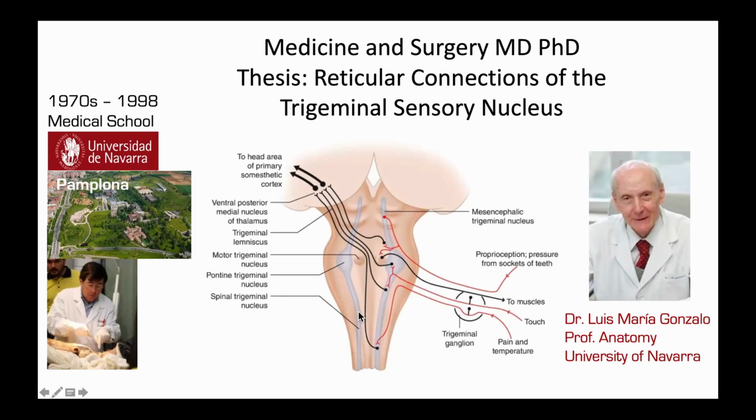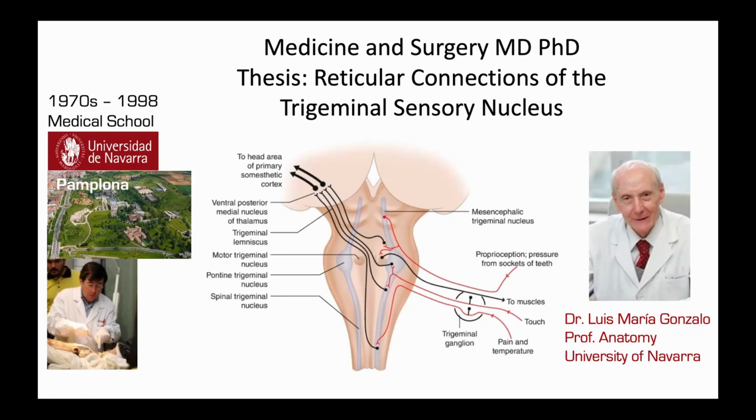The sensory nucleus is all these, but this is the main one, and that's what Ricardo studied for his PhD, directed by Don Luis Maria Gonzalo, who passed away, but he was a great wise man in Pamplona at the University of Navarra. And he studied the connections between the sensory nucleus of the trigeminal nerve and the reticular formation.